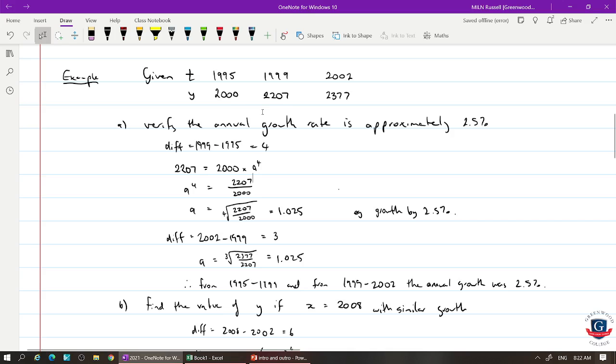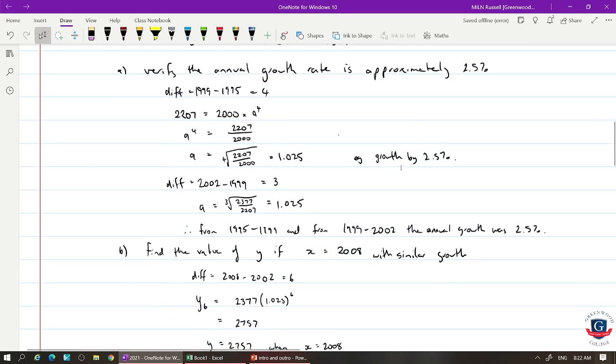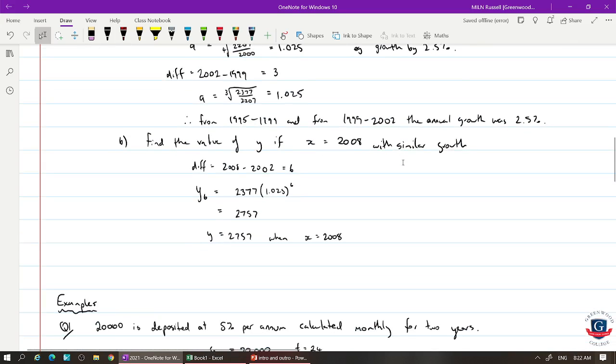So from these two sets of values, I can see that the annual growth rate was 2.5%, and that's actually a continuous set from 1995 to 1999, from 1999 to 2002. So over the entire period, the growth rate's been 2.5%. Now once we have that, find the value of y if x equals 2008 with a similar growth rate.